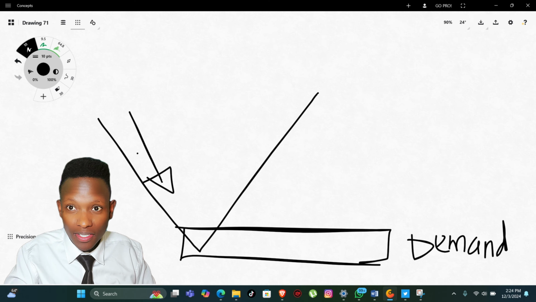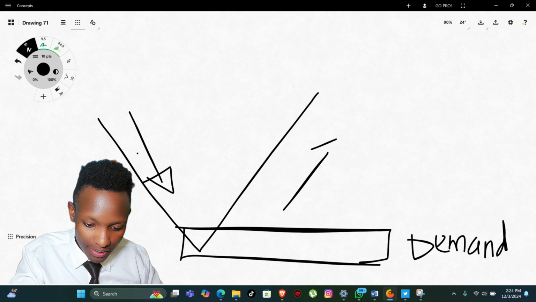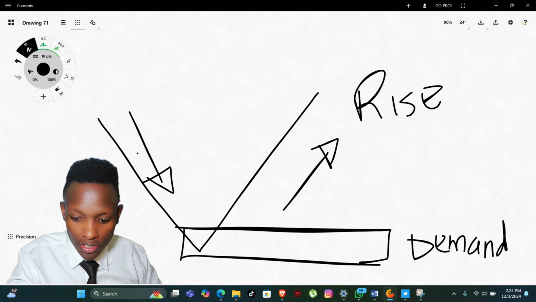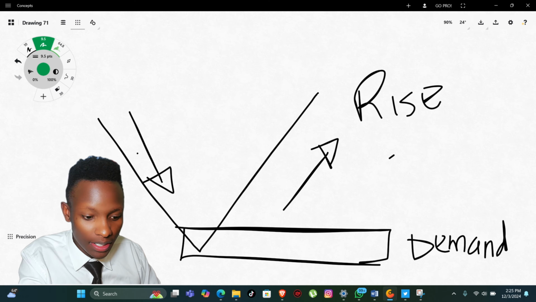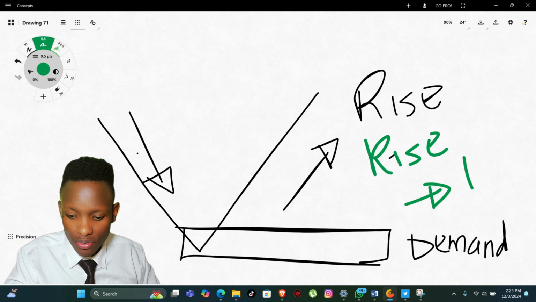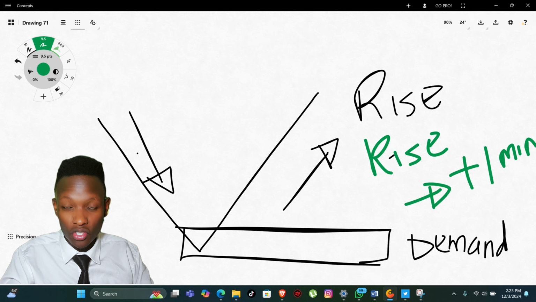Then from there, if the pattern forms, we're expecting that the market will get in on a rise trade. So in this case, we will be trading rise market, and the time frame that we are using is only 1 minute. That is something that should be noted.